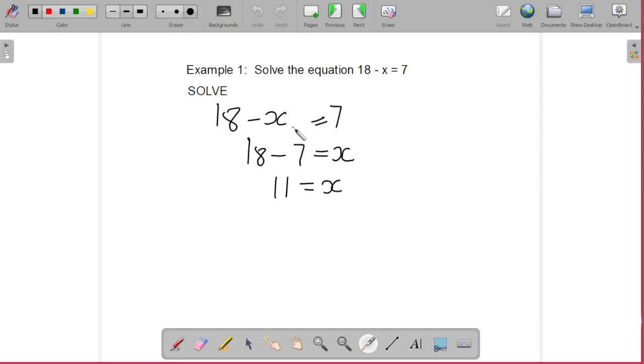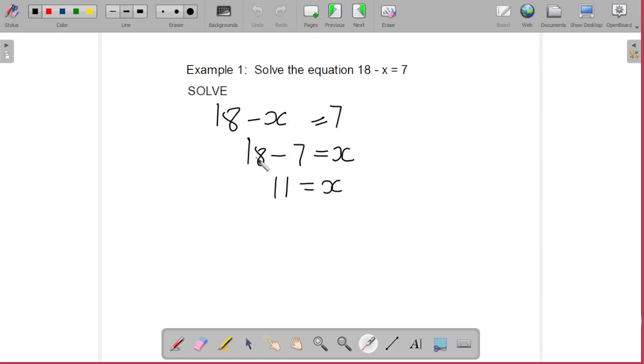In this case, what I'll do is to bring my x. Another thing you must remember is that every sign before an expression is attached to it, and when you perform an operation, like collecting like terms here, this is minus x, and when it crosses to the other side, it becomes a positive x. This is a positive 7. When it crosses to the other side, it becomes a negative 7.